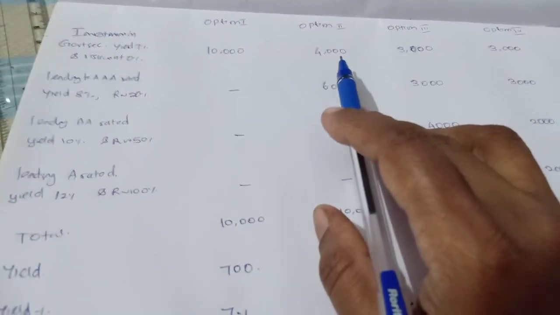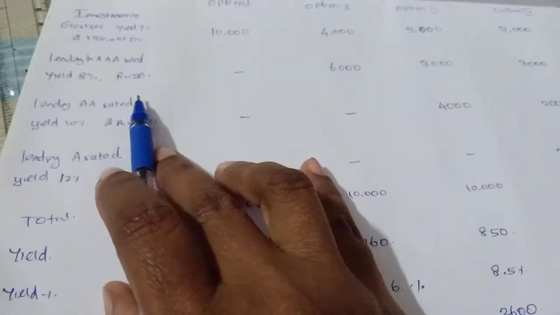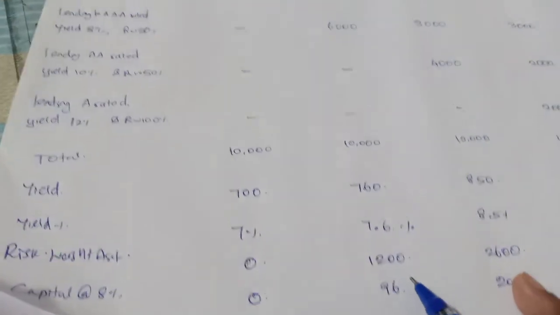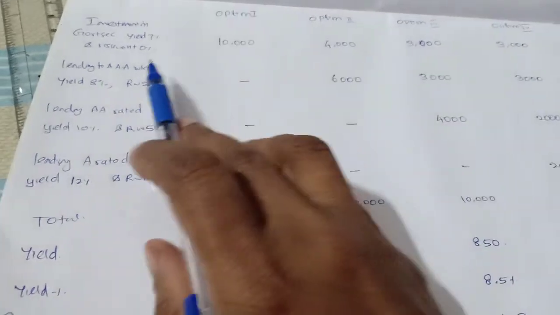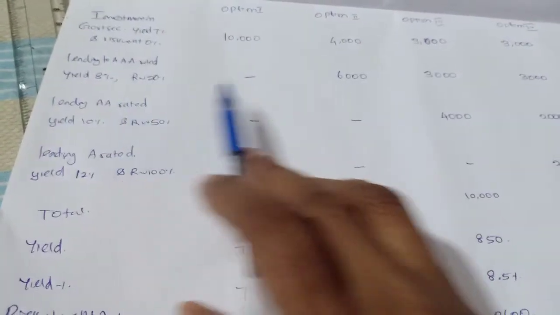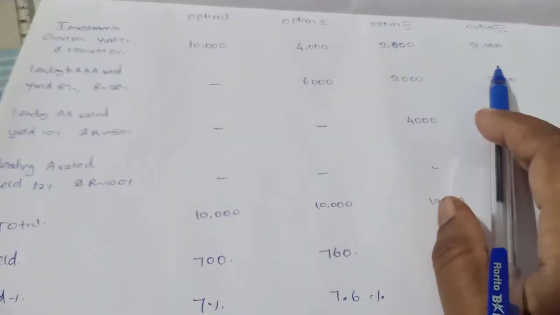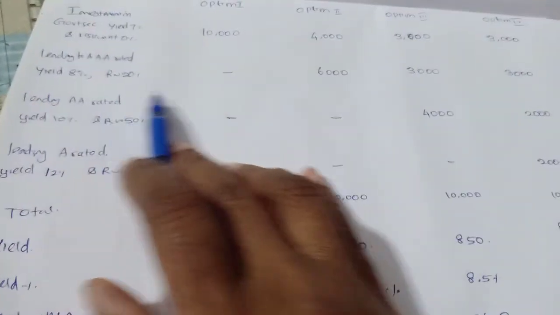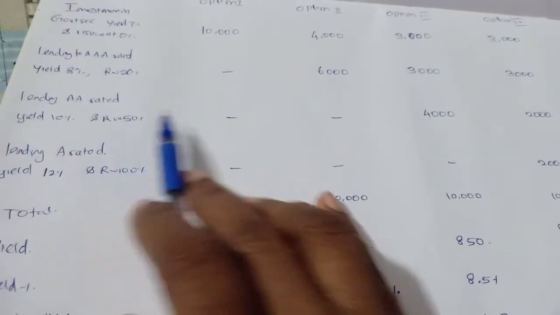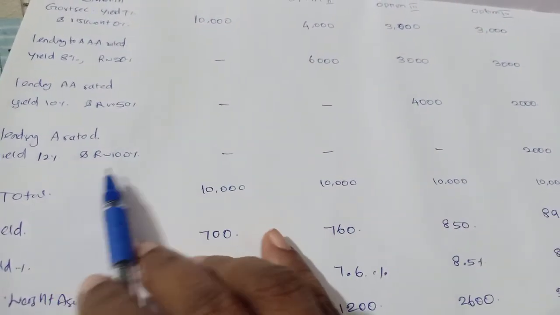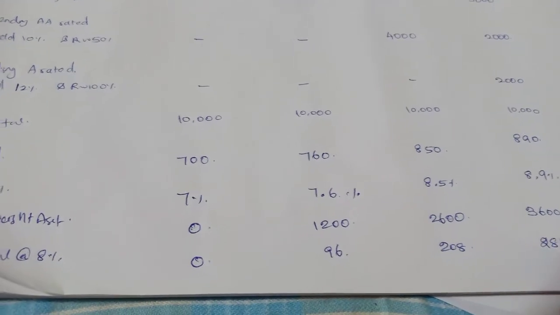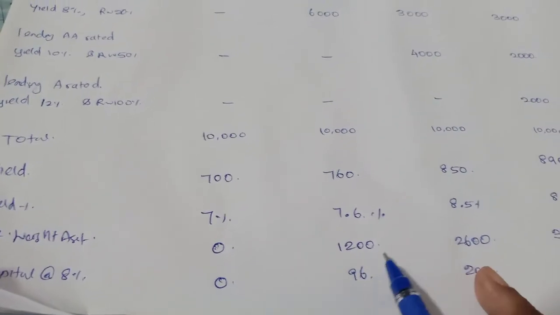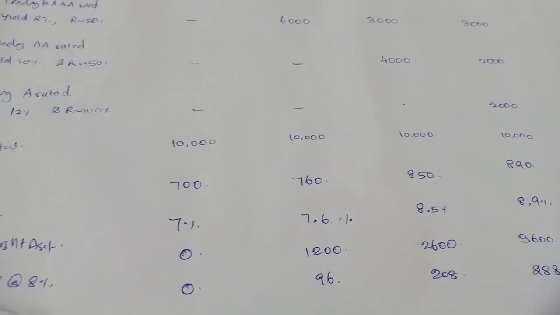For the next one, 4,000 into 0% plus 6,000 into 20% gives 1,200. Then 3,000 into 0% plus 3,000 into 20 by 100 plus 4,000 into 50 by 100 gives 2,600. And for option 4, 3,000 into 0 by 100 plus 3,000 into 20 by 100 plus 2,000 into 50 by 100 plus 2,000 into 100% gives 3,600. So our risk weighted assets are 0, 1,200, 2,600 and 3,600.